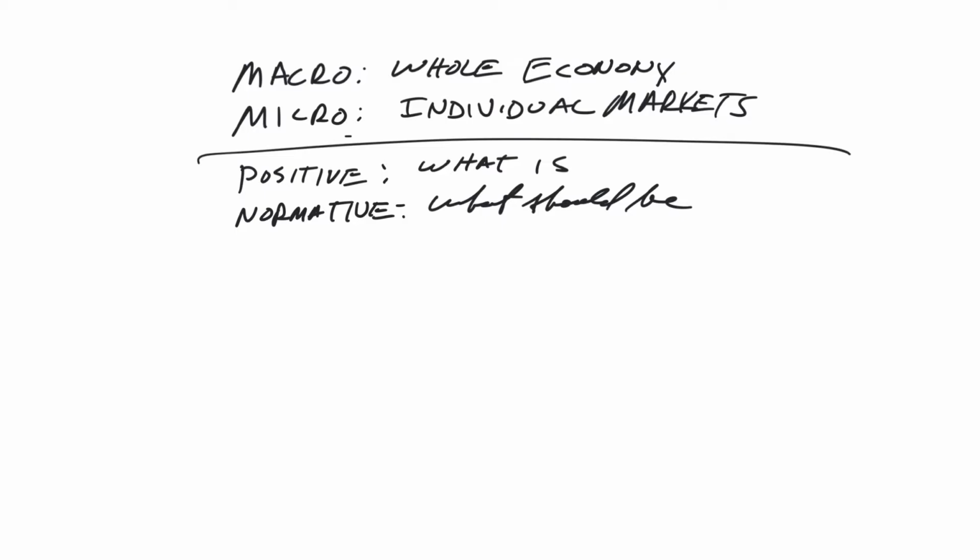Versus, we need rent control to keep housing affordable for the poor. See the difference? Rent control causes apartment shortages. That is making a claim about what rent control does. What happens? If this, then that. That's a positive statement.